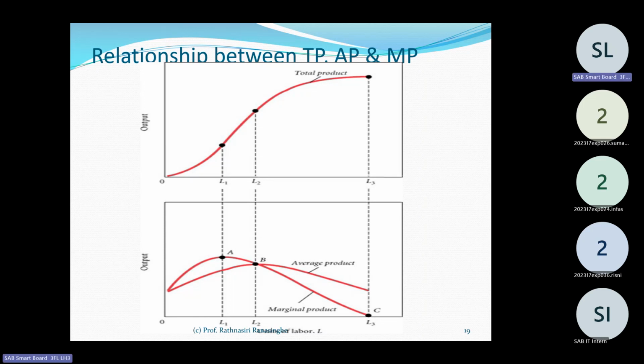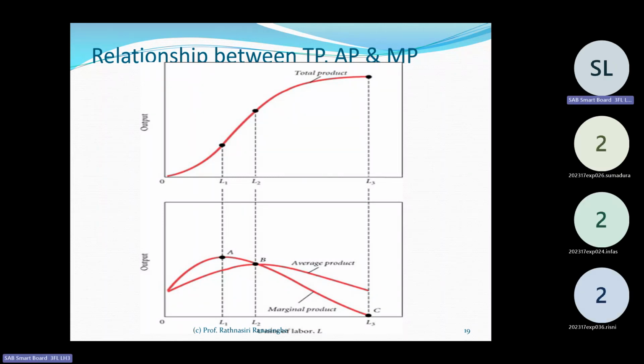Now we see the situation in the short run. Even though it is a very short period, we see increasing marginal productivity. But in the production process, most of the time we experience diminishing marginal productivity to the variable factor proportion. That is the most important area.